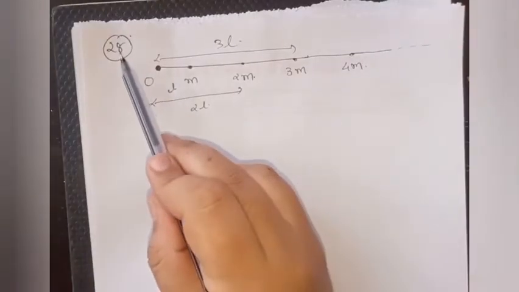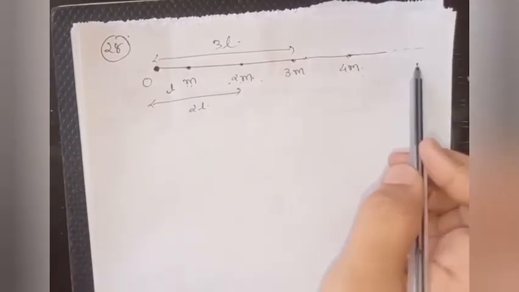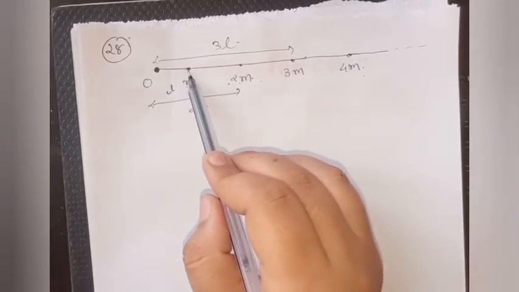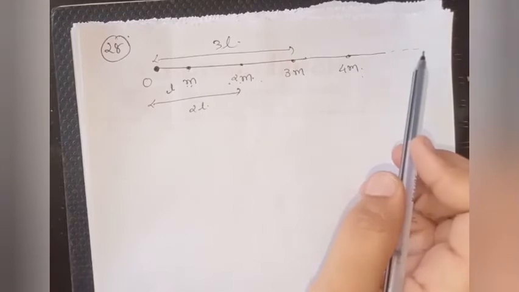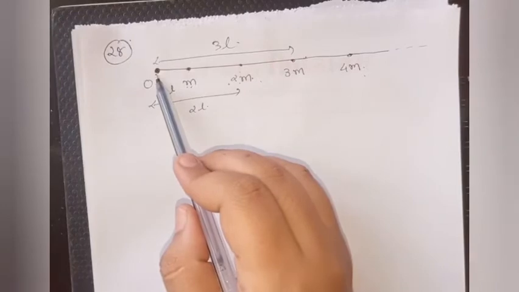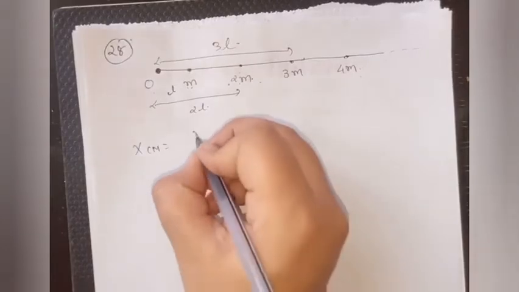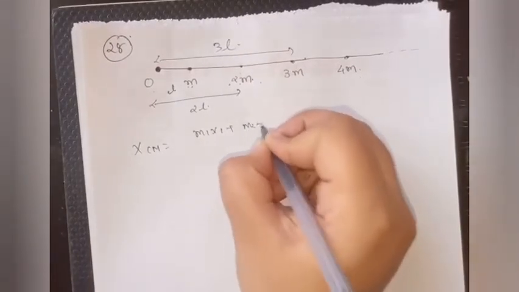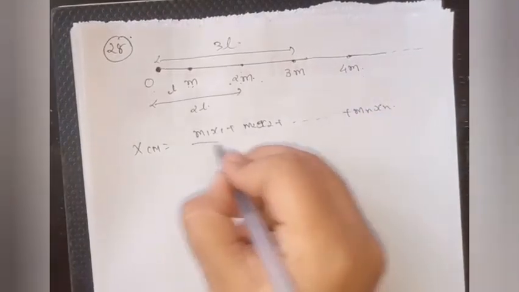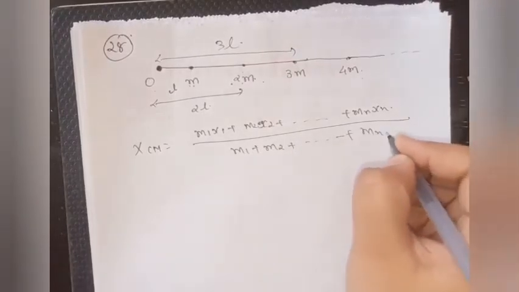In question number 28, it is given that n mass particles of mass m, 2m, 3m, 4m up to nm respectively are placed from a fixed point at a distance of L, 2L, 3L up to nL respectively. We want to find the position of center of mass from this fixed point. Let us take this fixed point as an origin. So xcm equals (m1x1 + m2x2 + up to mnxn) upon total mass, that is m1 + m2 + up to mn.